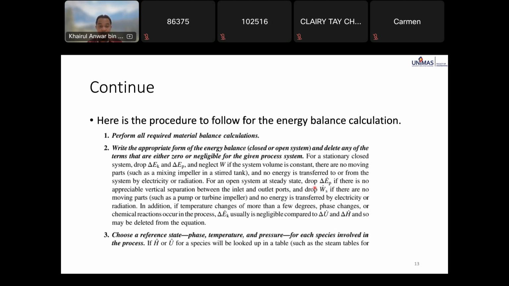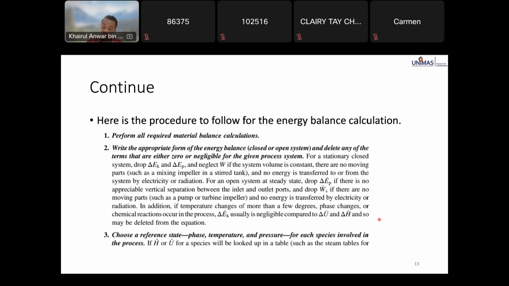In addition, if temperature changes of more than a few degrees, phase changes or chemical reactions occur in the process, delta EK is negligible compared to delta U and delta H, so it may be deleted from the equation.